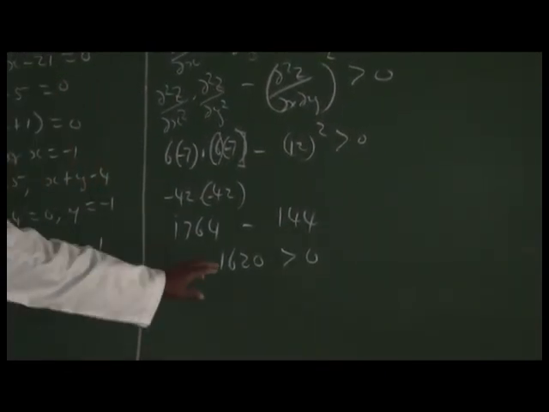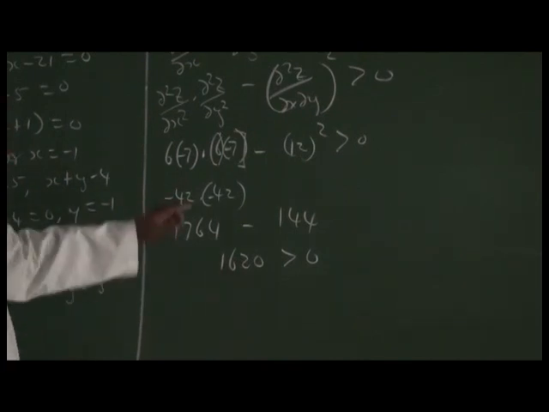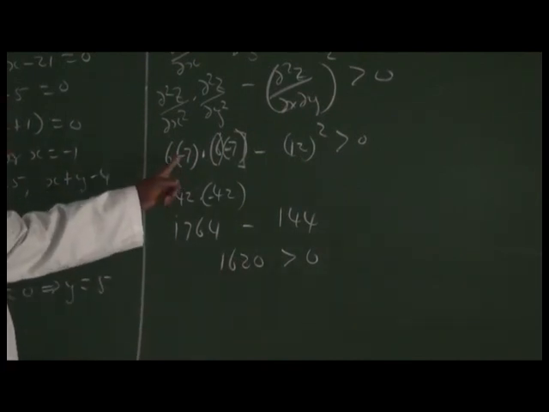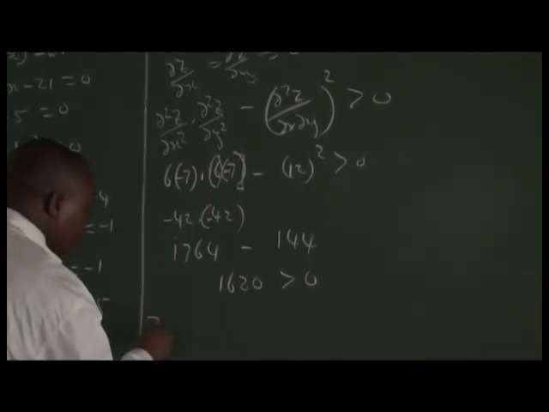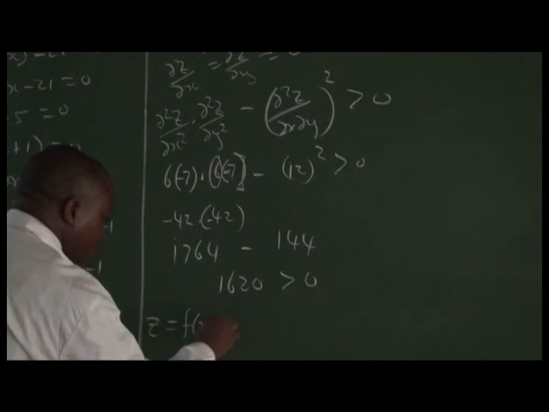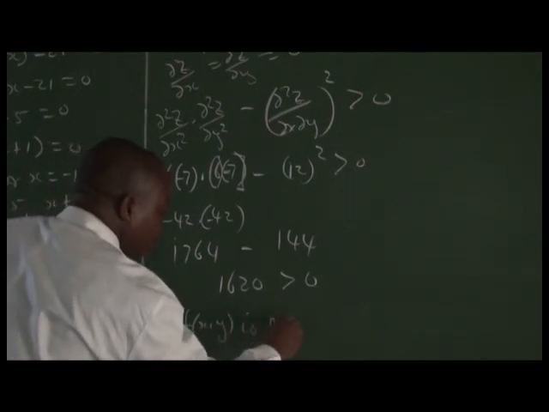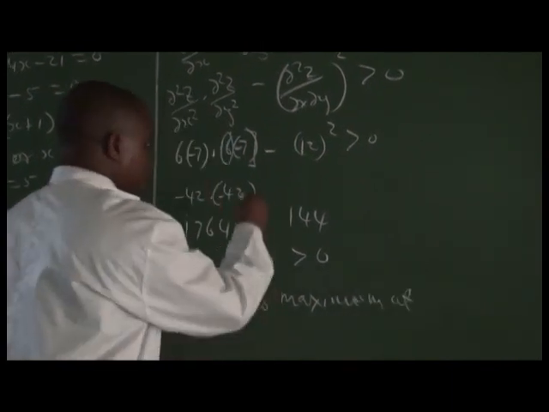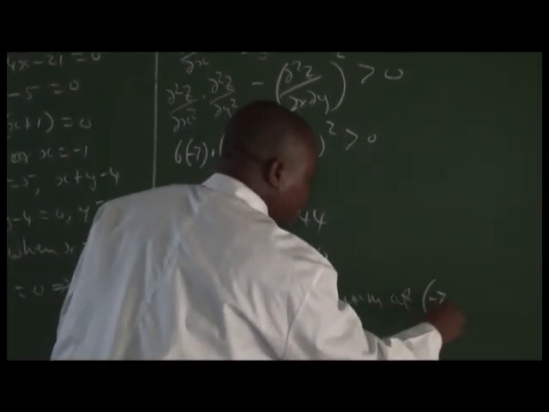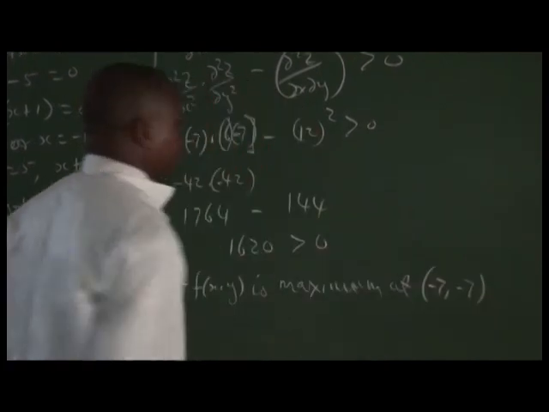So since this one is positive, and the point that we are using is minus, minus, that is negative, negative, it means that z equals f of x, y is maximum at this point, minus 7 and minus 7.